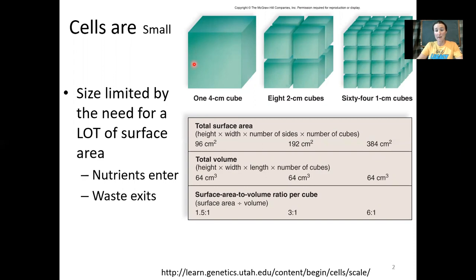Again, same amount of space on the inside to store whatever we're storing, or, in the case of cells, to metabolize things, to generate action potentials, etc. But when we make smaller and smaller cells, we are greatly increasing the surface area to volume ratio. So 1 cube has a 1.5 to 1 ratio. Whereas if we divide that same space into smaller and smaller units, the surface area to volume increases 4 times.